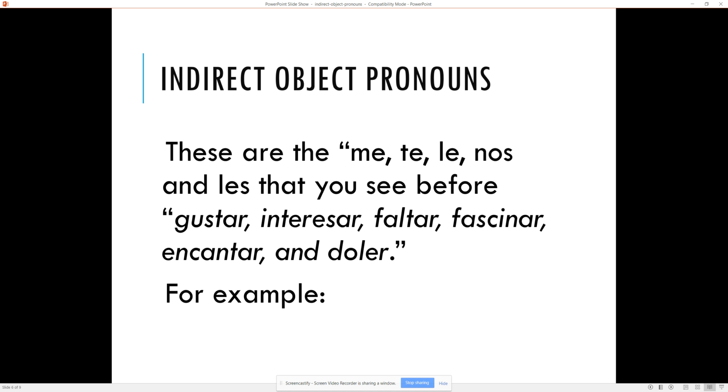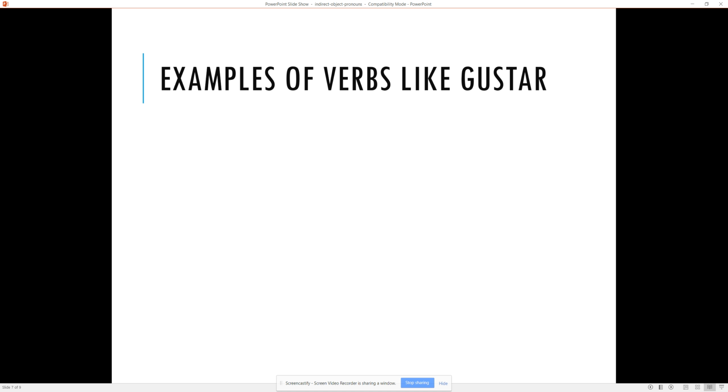However, me gusta, te gusta, le gusta, nos gusta, and les gusta. It is going to operate that way. So when students said, "Wait, why do we need to learn this?" It is "I like it," or "It is pleasing to me." Me gusta. This is why, because it's going to operate as an indirect object.